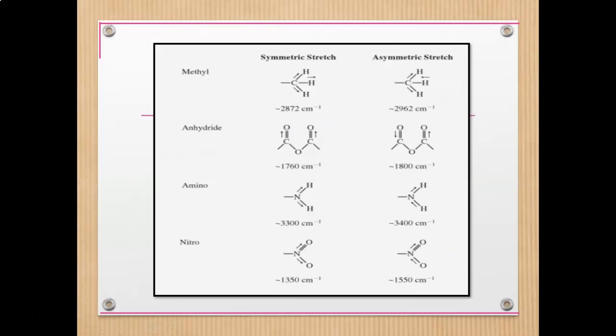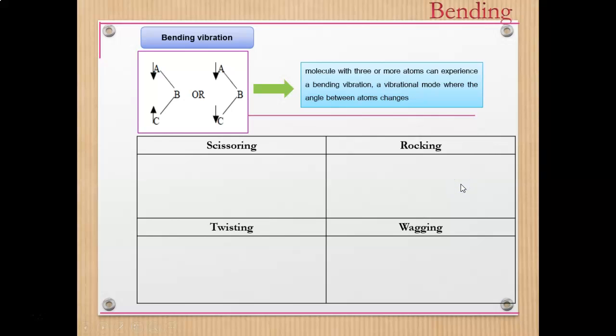This one is the example of the functional groups that contain symmetrical stretch and asymmetrical stretch. This is CH3 methyl group, anhydride, amino, nitro. So asymmetric stretching has a higher wave number compared to symmetrical stretch.